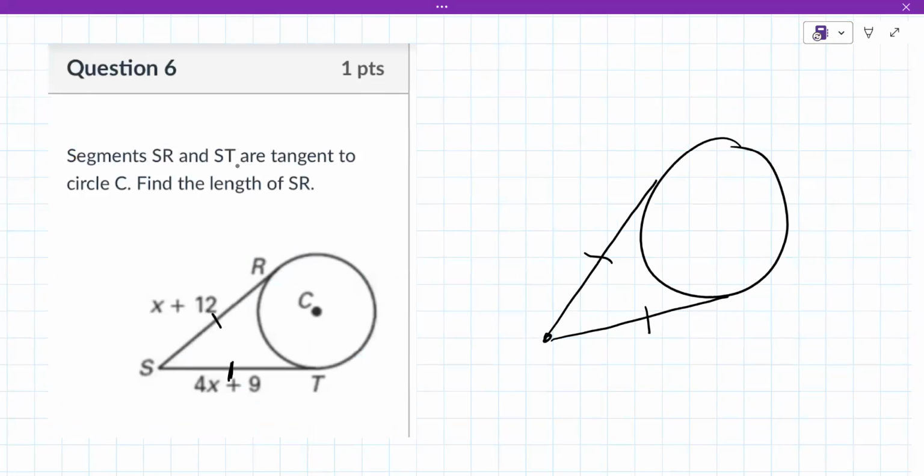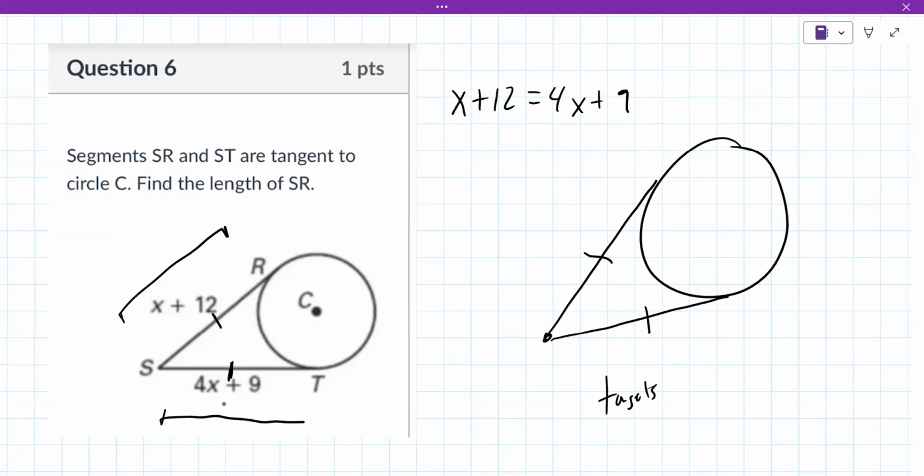That means that SR is congruent to ST. Set the equations equal, solve for X, and then put it back into the equation to find the length of SR. Since they're congruent, you can go to either equation.